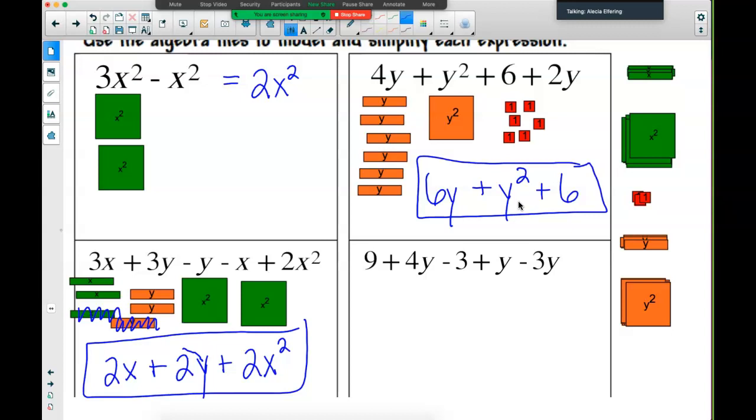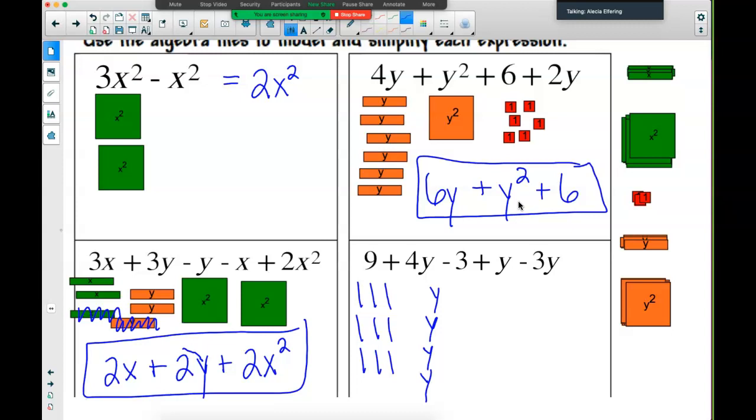How would I show 9? Go ahead, Jada. 9 ones. So I'm going to draw it this time just like you guys. I put 9 ones. Plus 4y. Jada? 4 y's. Okay, so we've got 4 y's minus 3, Carson?